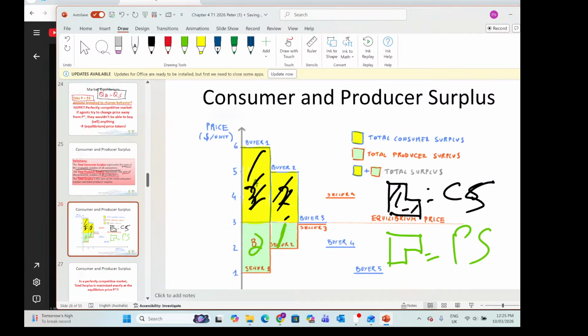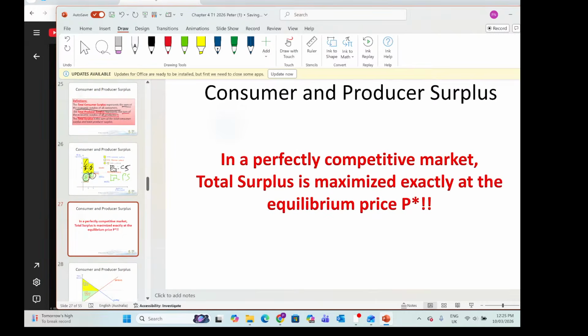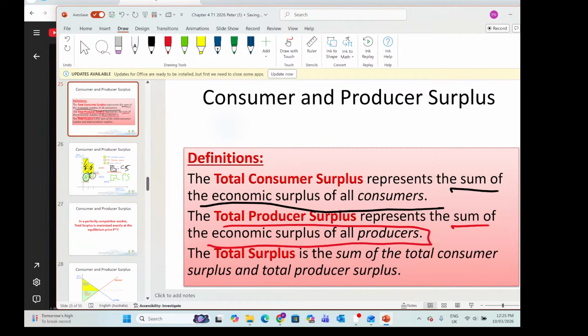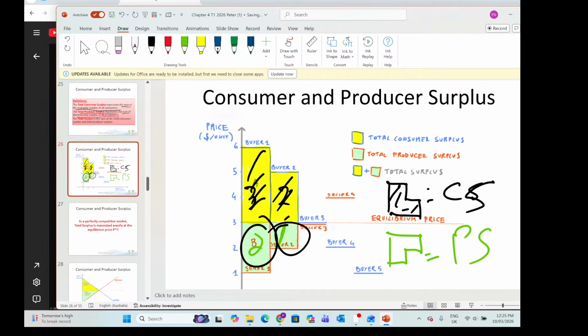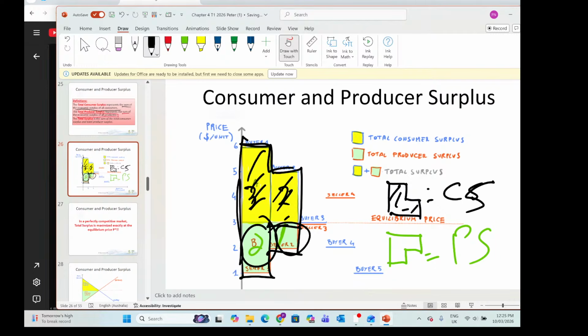We looked at producer 1 and producer 2. And then the total surplus, of course, is all the area together. So what's the total surplus? The total surplus is all of this that I'm colouring, I'm bordering here. So that's the total surplus, consumer surplus and producer surplus together.